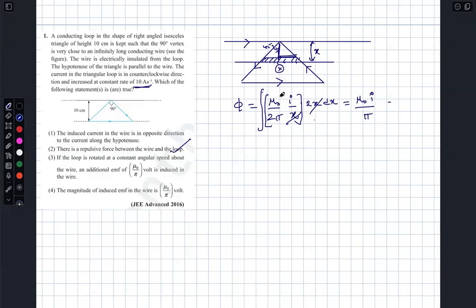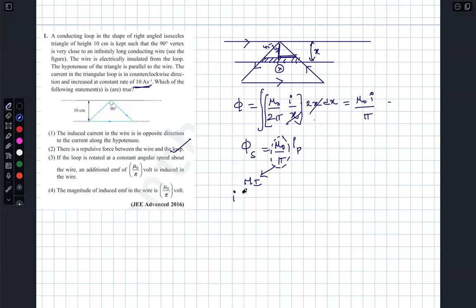That's fine. Next part. Here, flux in the secondary is mu naught by pi times current in the primary. So this term is going to be the mutual inductance of the combination. What is the induced EMF in this wire?